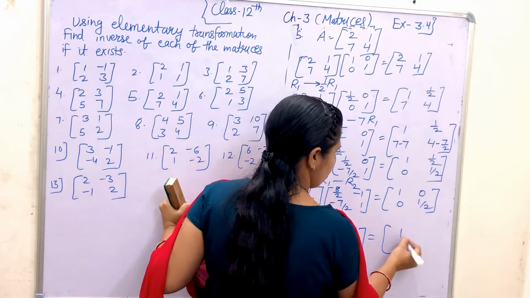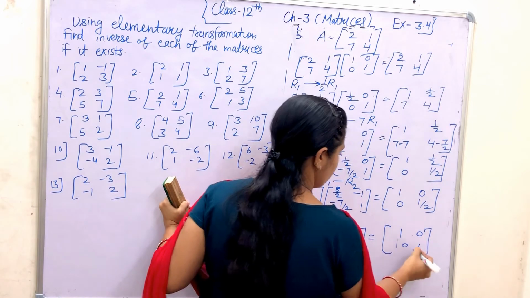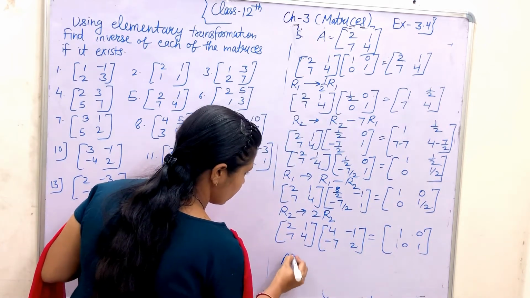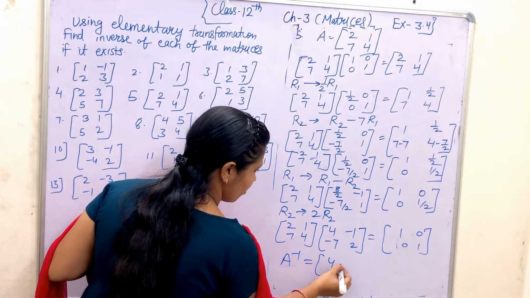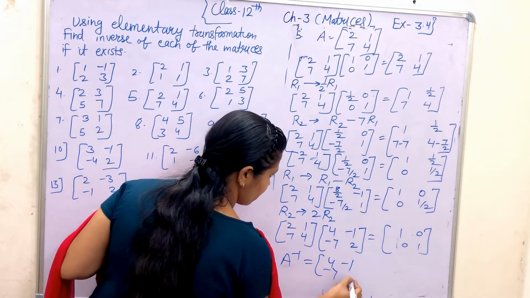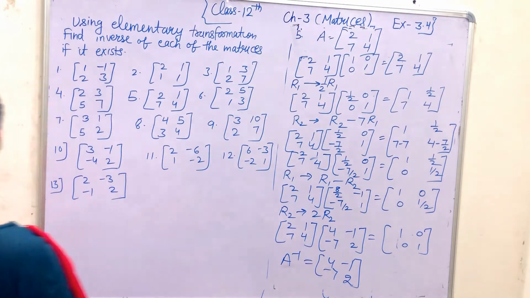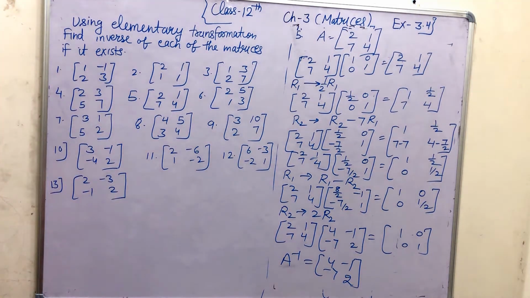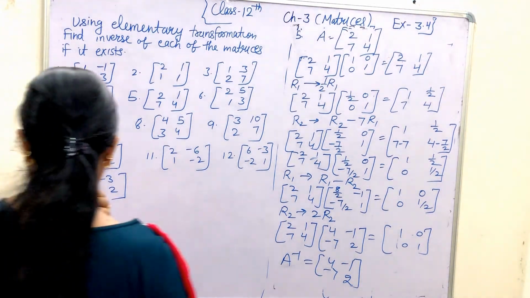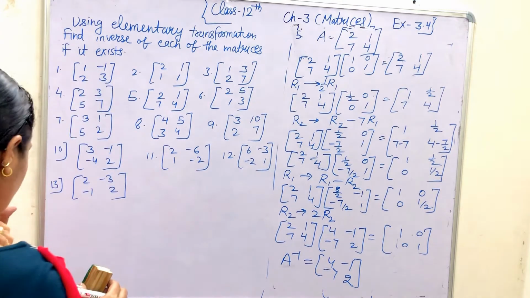Here is 1 0 0 1. So our A inverse is 4 minus 1 minus 7 and 2. This is our answer of question number 5. 4 minus 1 minus 7 and 2.